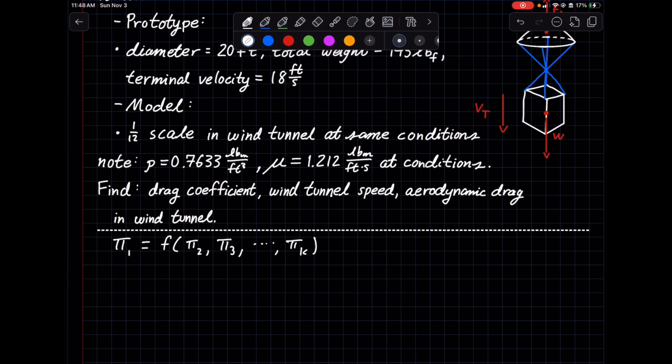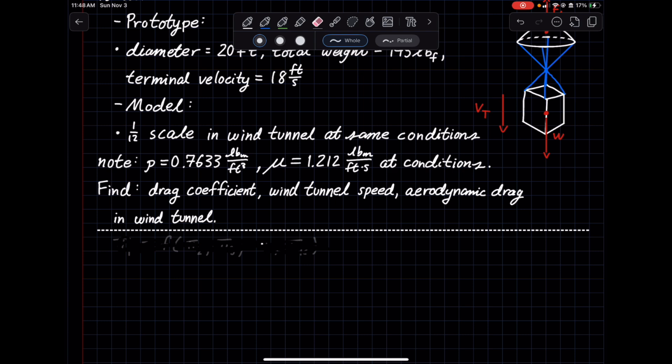Our goal is to generate these pi's, and this method of repeating variables is how we generate them. So let's get started with step 1.